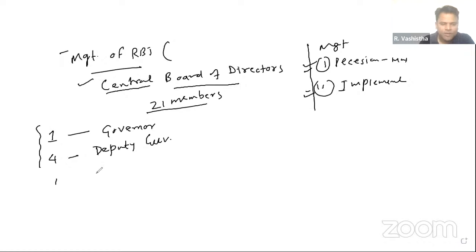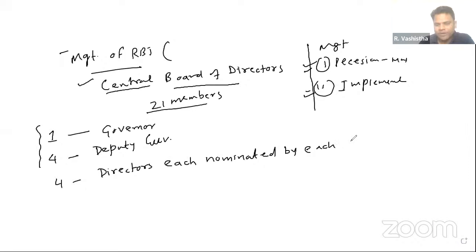Then we have 4 directors, each nominated by the local boards of RBI. There are 4 local boards of RBI in 4 different regions of India, in Delhi, Mumbai, Chennai, and Kolkata. Each local board of RBI nominates 1 member as director, and he becomes a member of the Central Board of Directors.